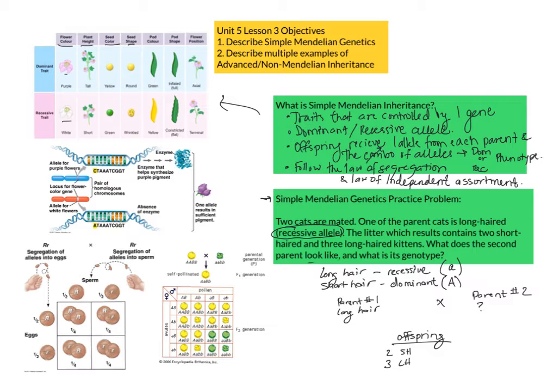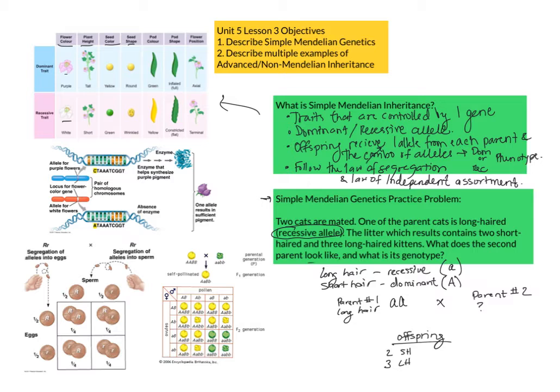Okay, so let's start thinking about genotypes. Since the recessive version of this trait is long hair, that's only going to show up as an individual's genotype if they have a homozygous recessive genotype. So parent number 1, who has long hair, must have the genotype lowercase a, lowercase a, homozygous recessive.